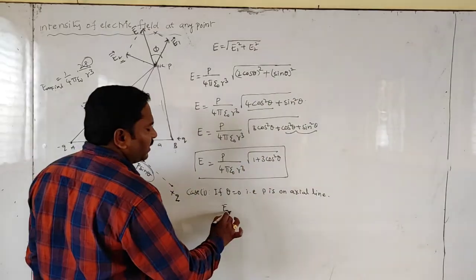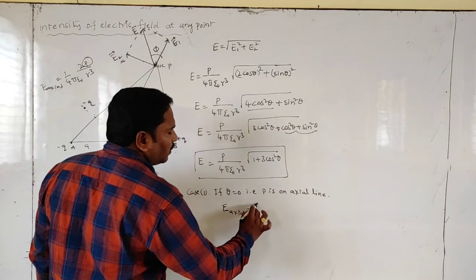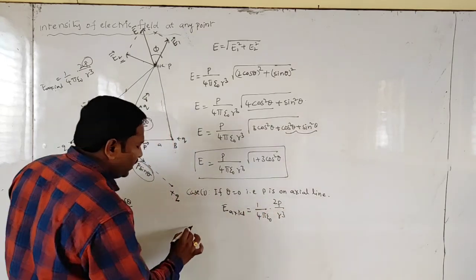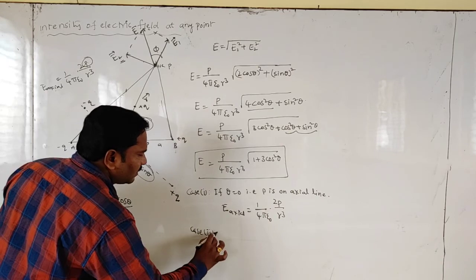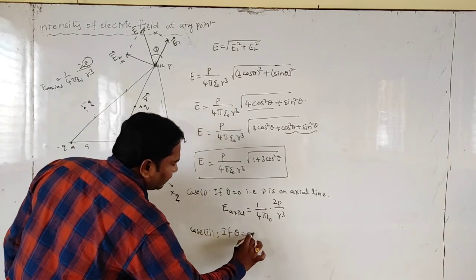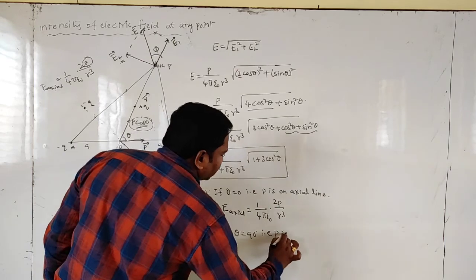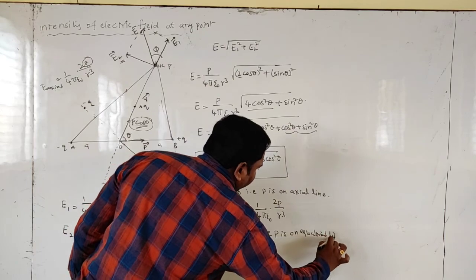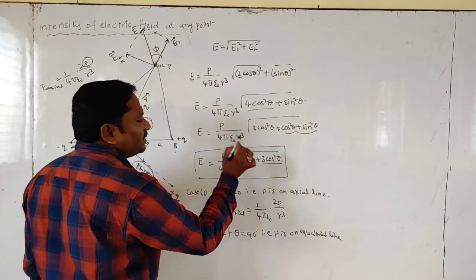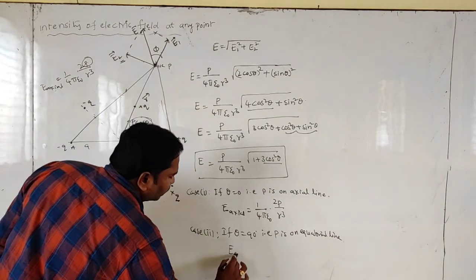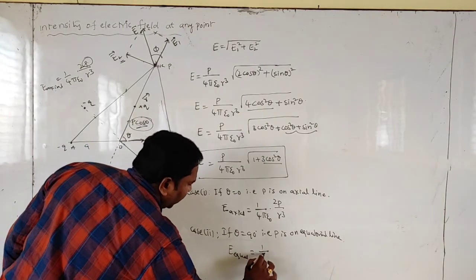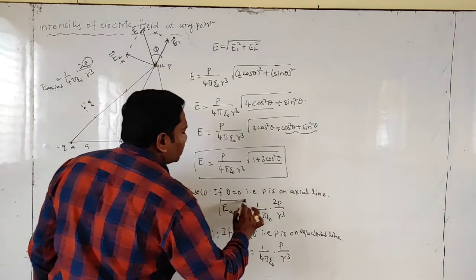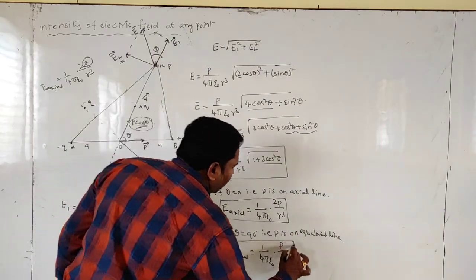Again we got the expression E axial equals 1 by 4 pi epsilon naught 2p by r cube. Second case: if theta equals 90, that is P is on the equatorial line, cos 90 becomes 0. Now E equatorial equals 1 by 4 pi epsilon naught p by r cube. These are the expressions we already got.